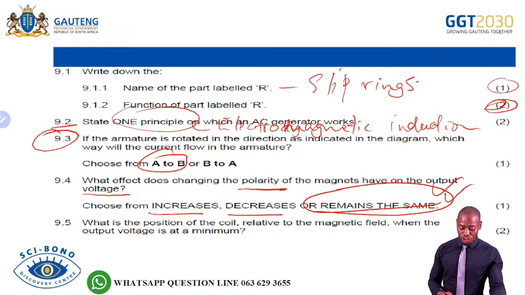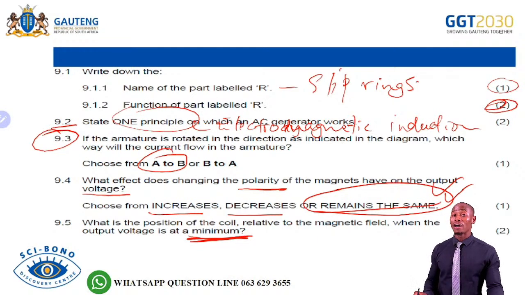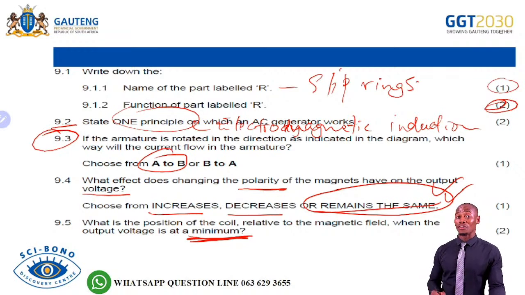What is the position of the coil relative to the magnetic field when the output voltage is at the minimum? They're asking us about the position of the coil.